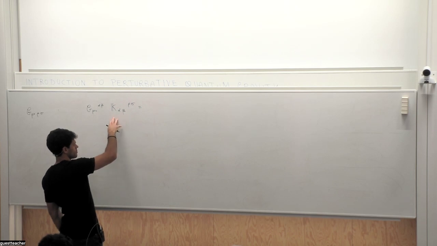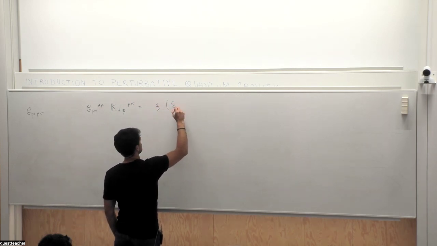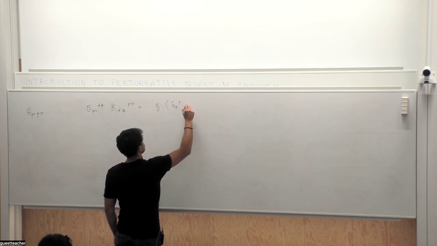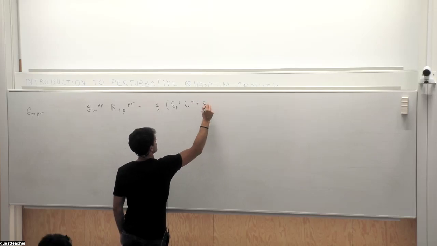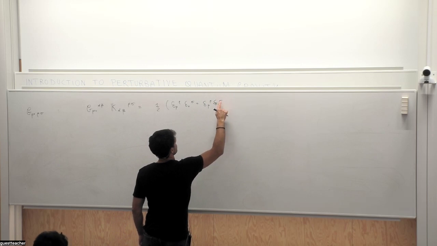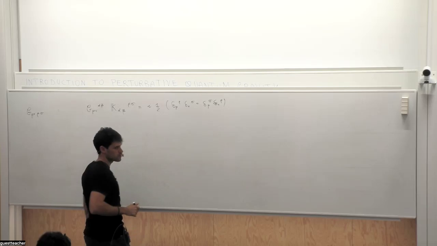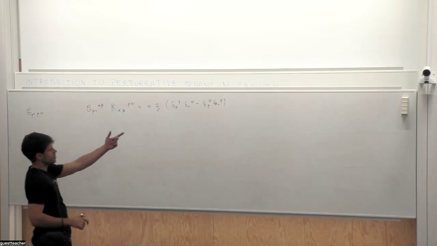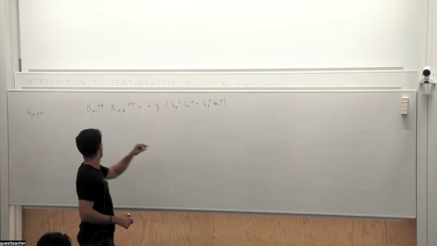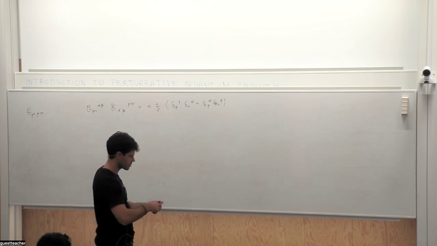But since we are in a space of symmetric tensors with 4 indices, the identity is given by this expression: delta_mu rho delta_nu sigma plus delta_mu sigma delta_nu rho. And for convention, I also put a one half here. Now, why is this the identity? Because if you act with this object on a tensor with 4 indices which is symmetric, you will get the same object. So it is an identity matrix.